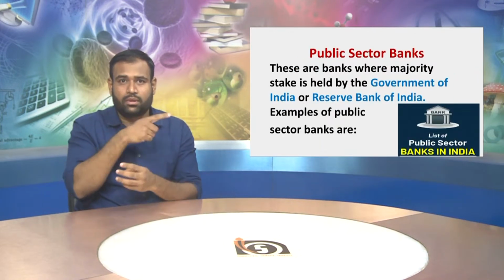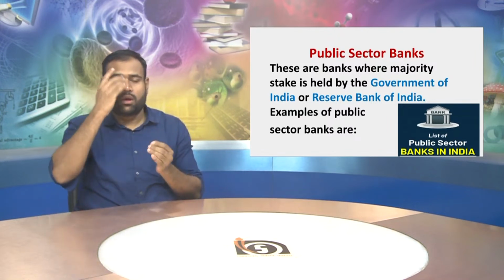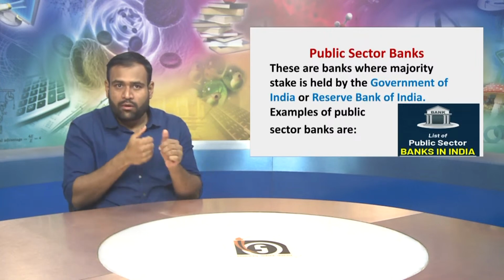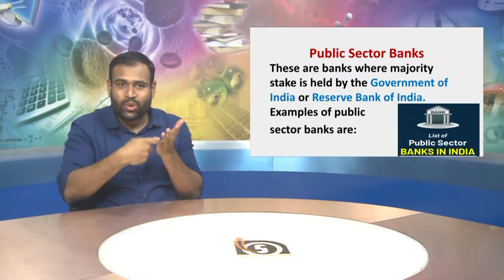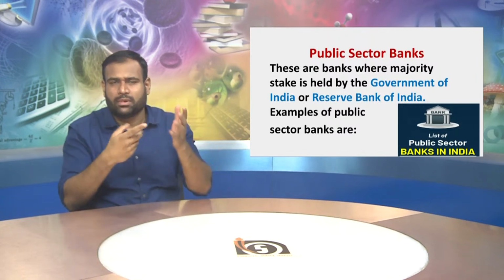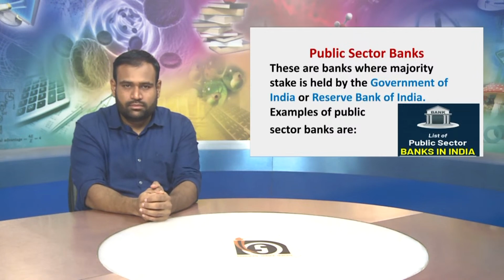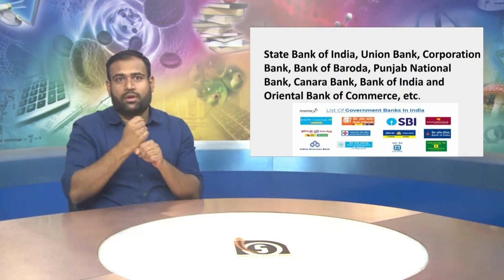So this is the first one, which is public sector banks. These are banks where the majority stake is held by the government of India, or we can say the Reserve Bank of India. Here you can see a few names of the banks.